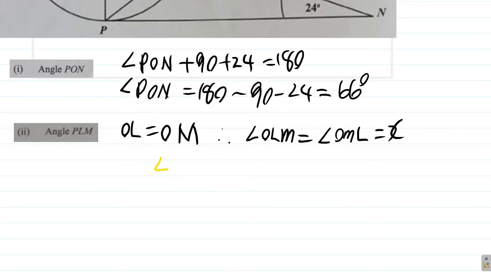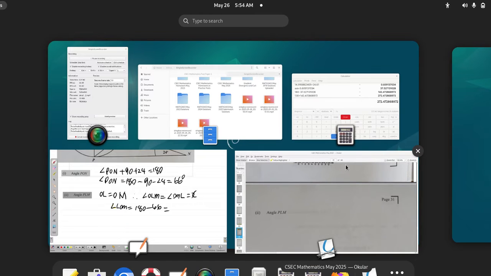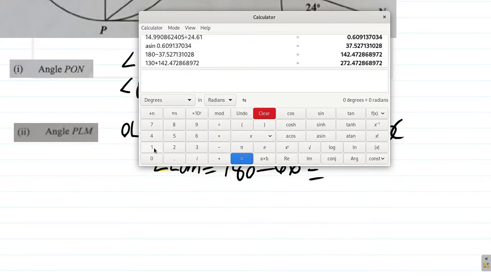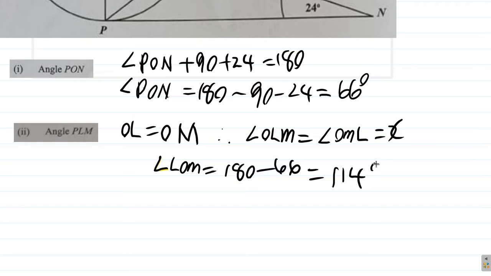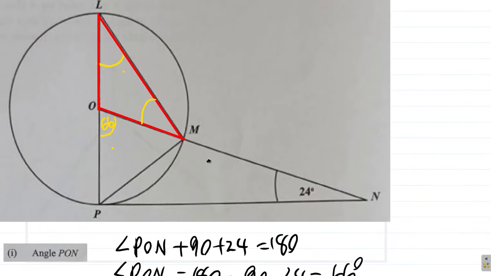Angle LOM is 180 minus 66 equals, what is 180 minus 66? 180 minus 66 equals 114 degrees. Alright? So this angle here is 114 degrees. Okay?